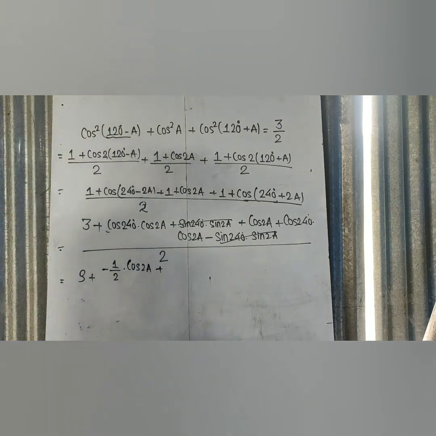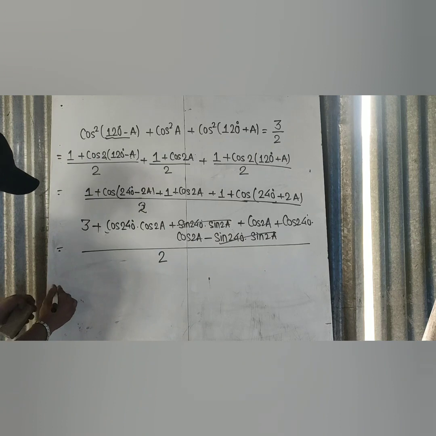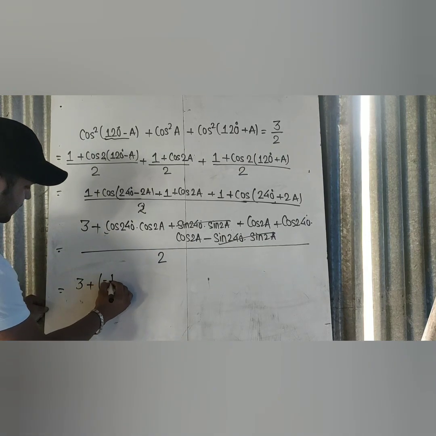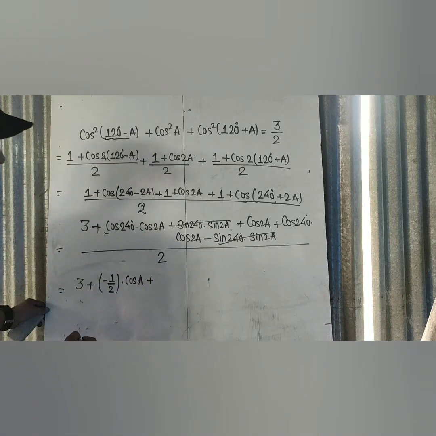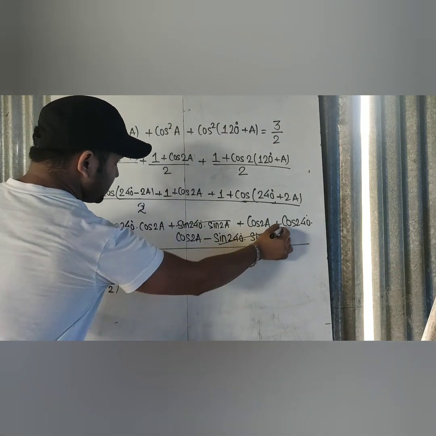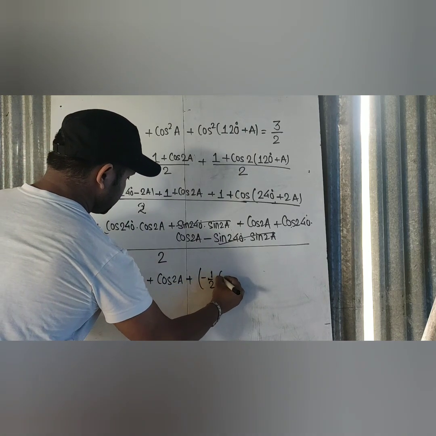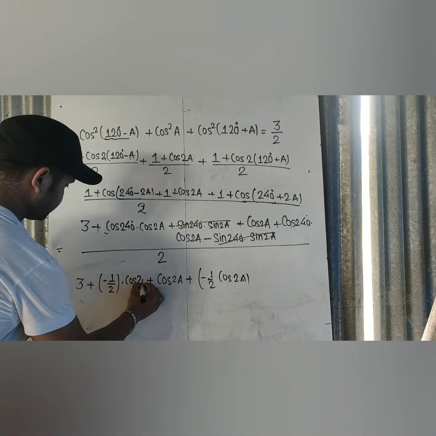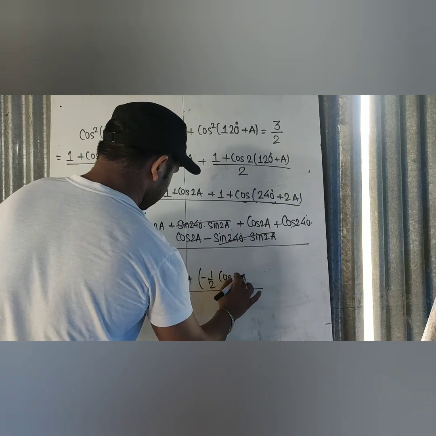Plus 3 plus cos 120 is minus 1 by 2 cos 2a plus you have cos 2a. Now you have cos 120. This is also minus 1 by 2 cos 2a. Okay, we got this from the calculation.